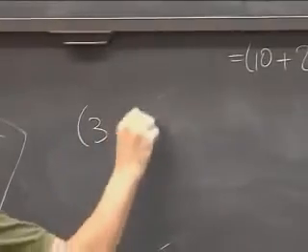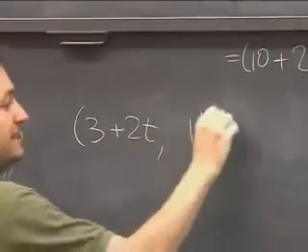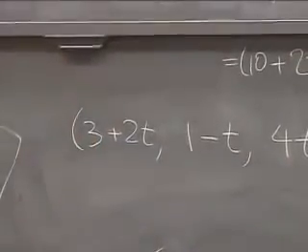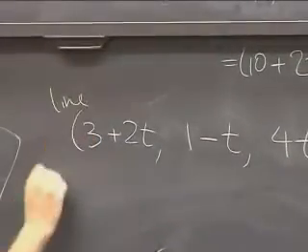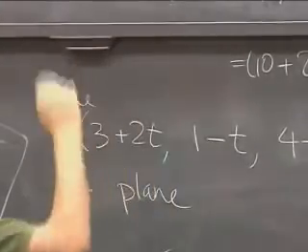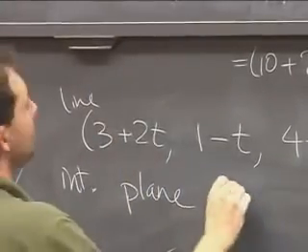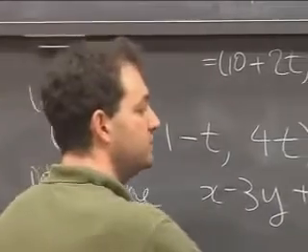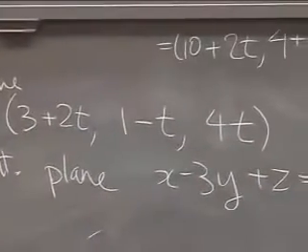So for example, where does 3 plus 2t, 1 minus t, 4t, that's a line, intersect the plane? Let's just keep the same plane. What the hell? x minus 3y plus z equals minus 2. Where does that line intersect that plane?